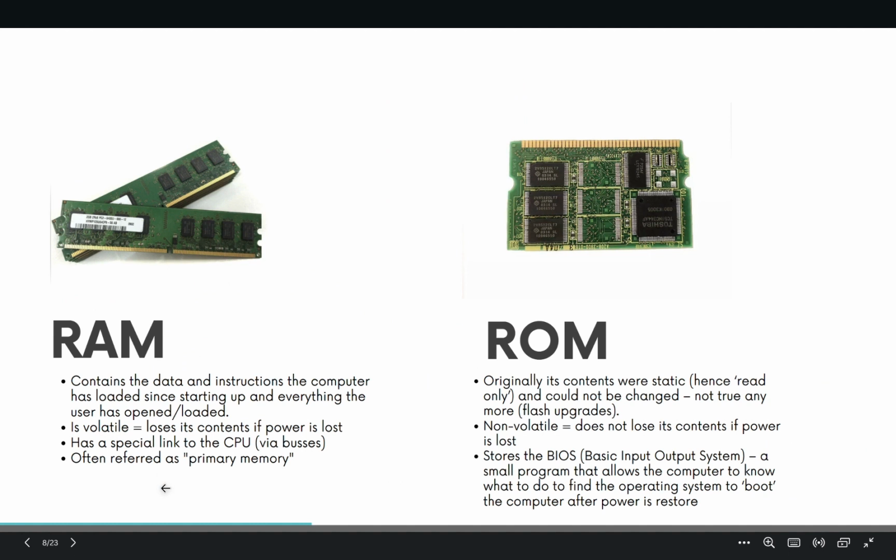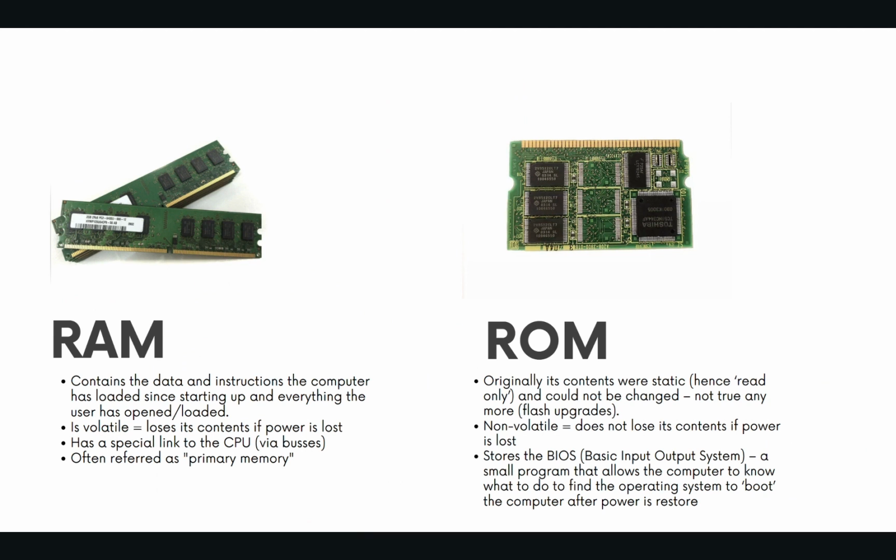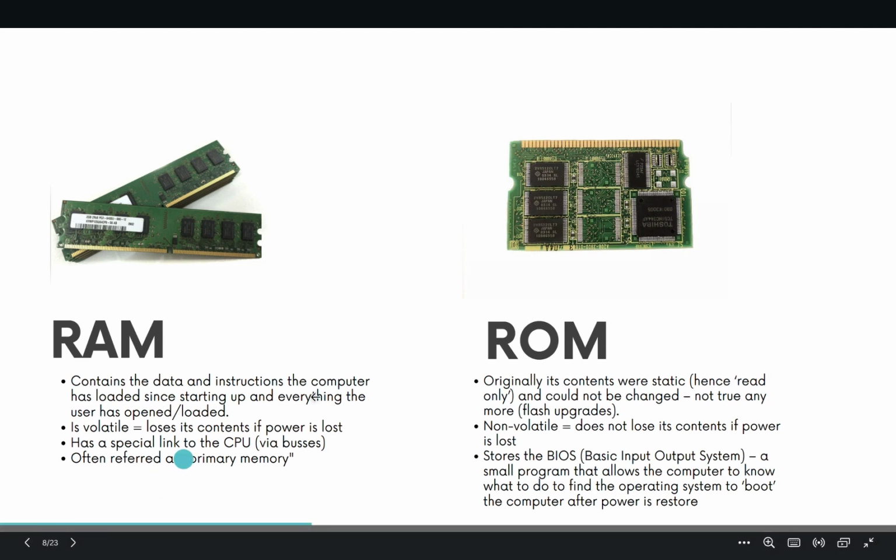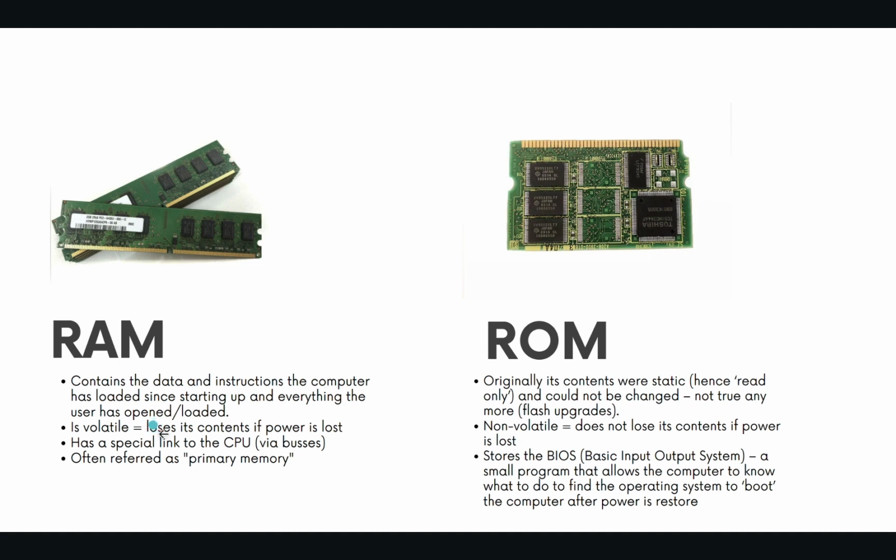It is often referred to as primary memory, so you should know that if in your examination paper, formative or summative, you see "define primary memory", it's often referred to as the RAM, even though it's not the only part of the primary memory.